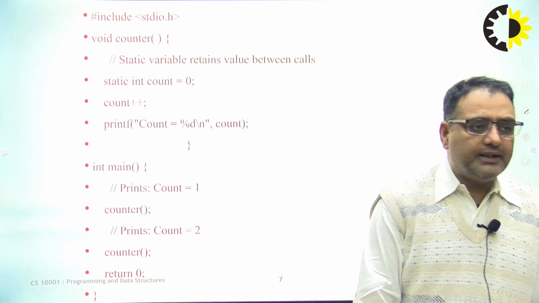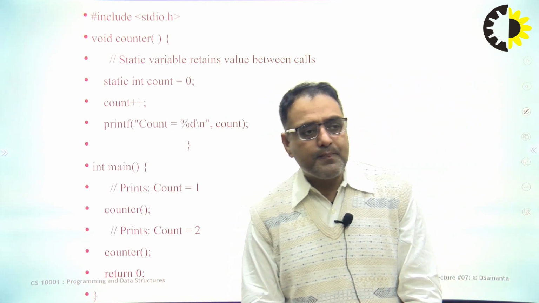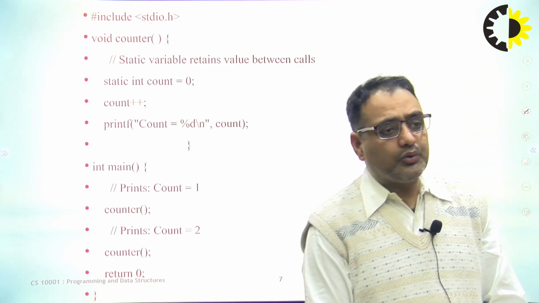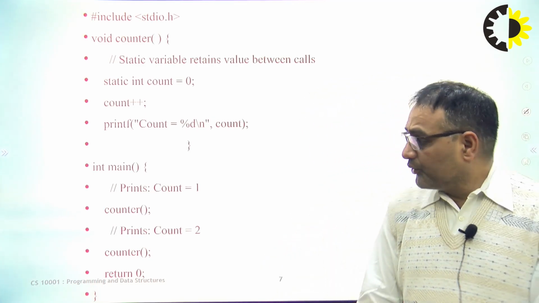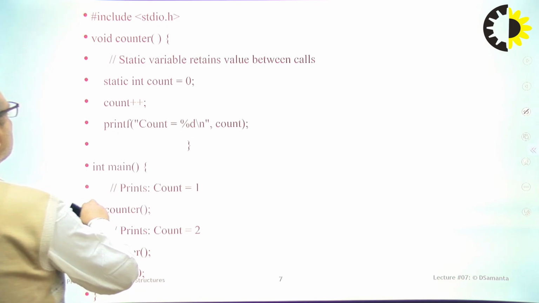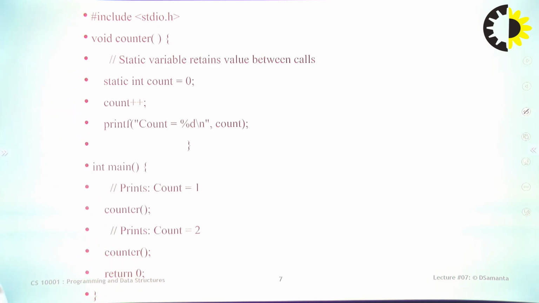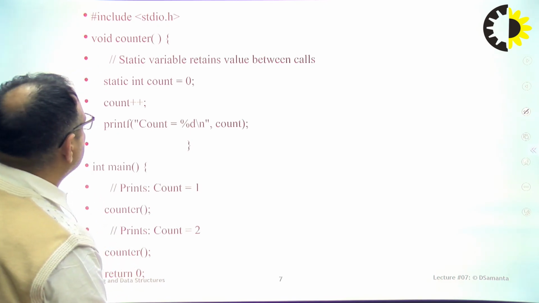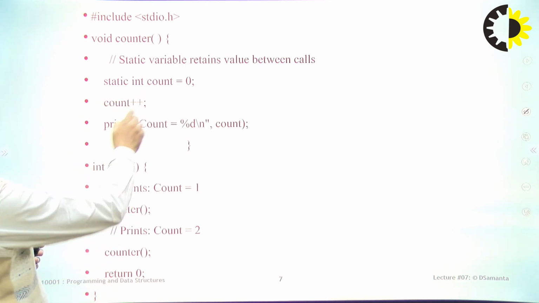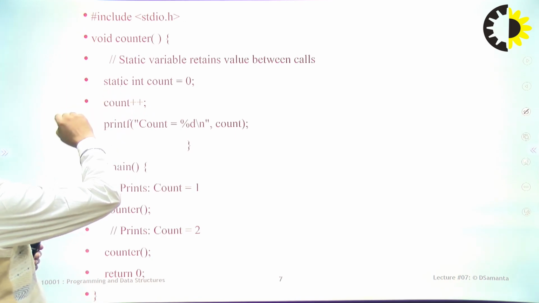In this program, you can understand better. Say that main is a function, and counter is a user defined function. When the counter function is called, the control goes to the counter function where this function is defined. Actually, this count variable is static.